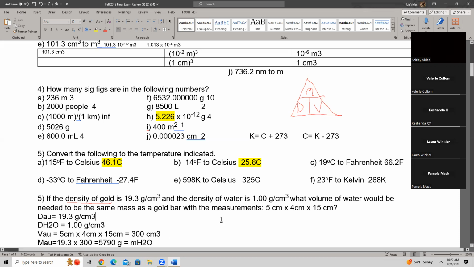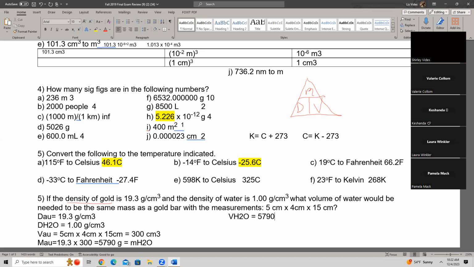Volume of water is going to be equal to, we have the density of water and the mass, which is what we just figured out, 5,790 grams, divided by 1.